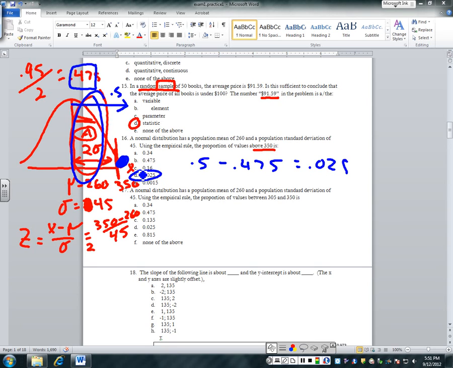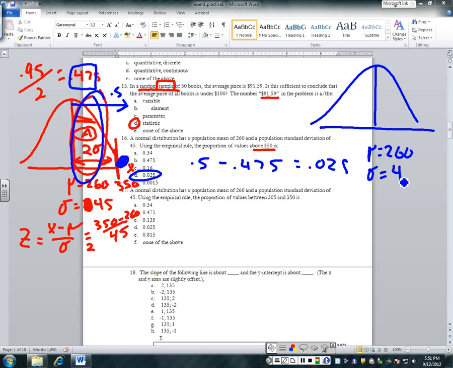So the next one we have still a mean of 260 and a standard deviation. This time I'll try and get it right. It's 45. And we want to know the proportion of values between 305 and 350. So we're looking for this area in here.